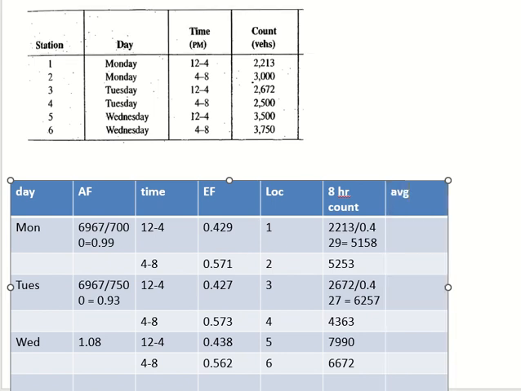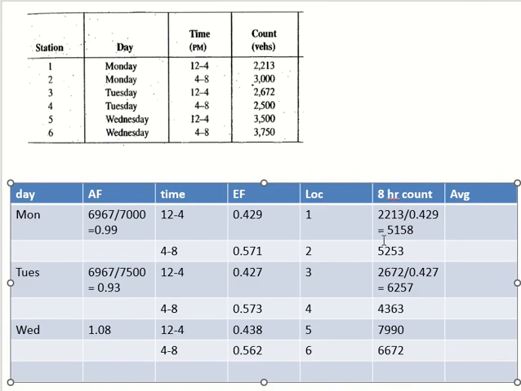So now I will calculate the average. So I will take the total. Total is 5158. I look at which day it is taken. It is taken on Monday. So the factor of Monday is 0.99. How much? Okay.